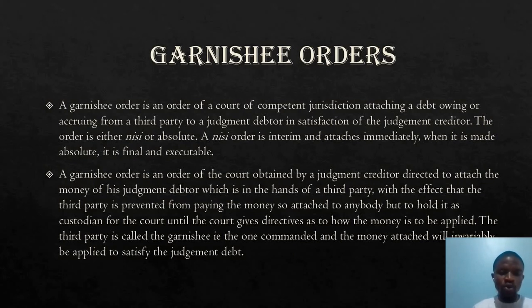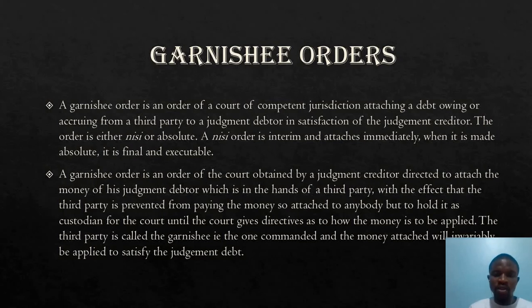So when he goes to court to defend himself and he loses, the court makes the nisi order absolute. What does an absolute Garnishee order mean? An absolute Garnishee order means that the judgment debtor must now surrender the amount of money that is required to pay off his debt, all of them.